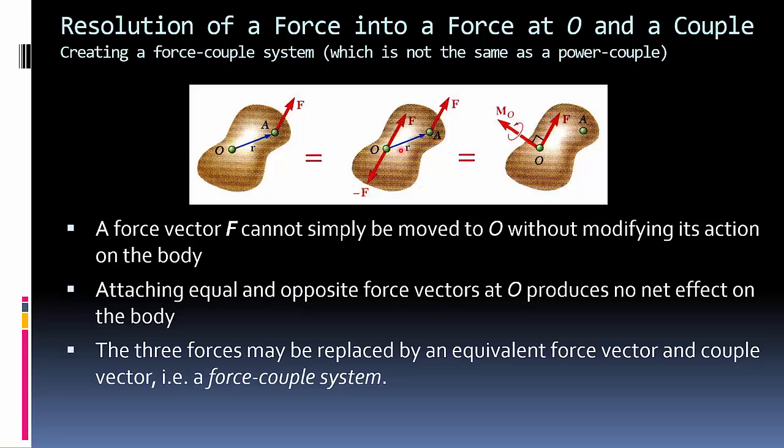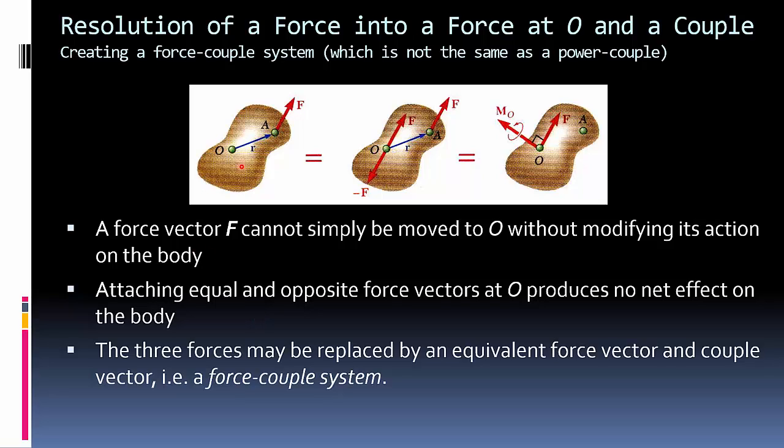So I'm going to replace this couple with my couple vector, and I have left over this force F here. The three forces can be replaced by an equivalent force vector and a couple vector.